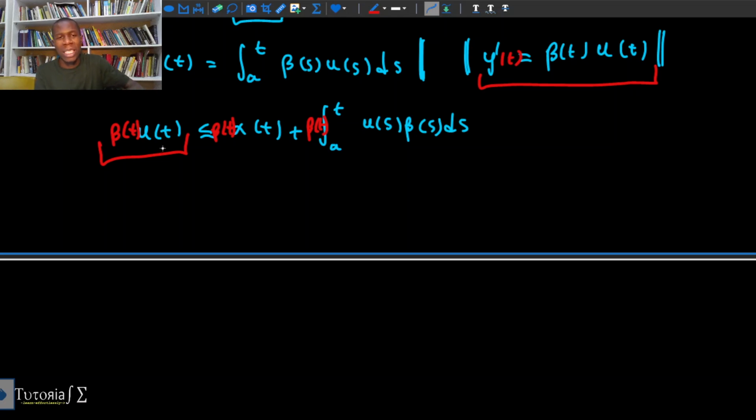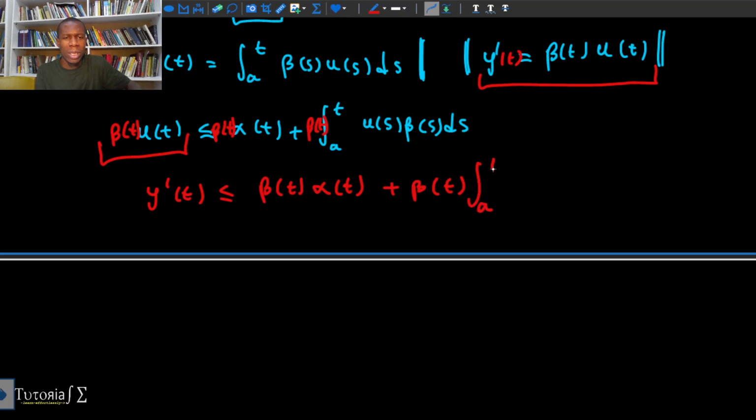So you can write this as y prime of t less than or equal to beta of t alpha of t plus beta of t integral from a to t u of s beta of s ds.